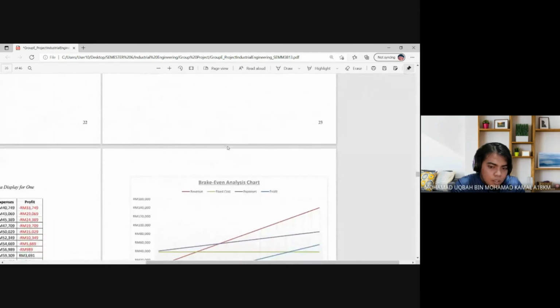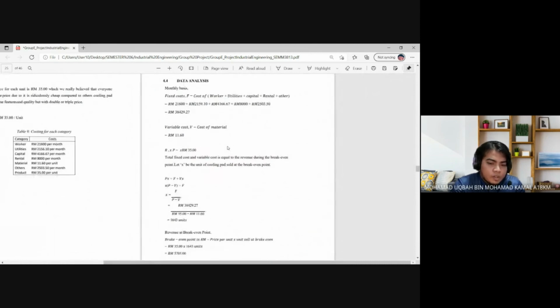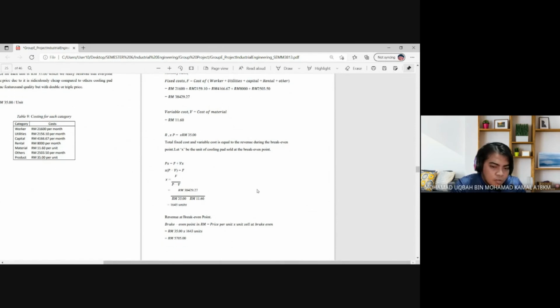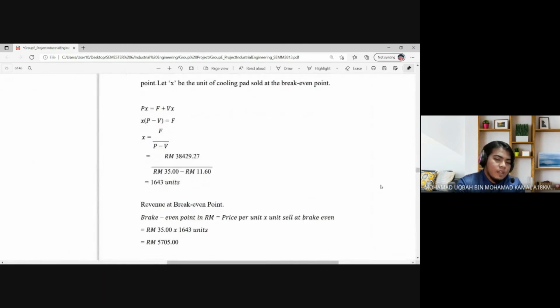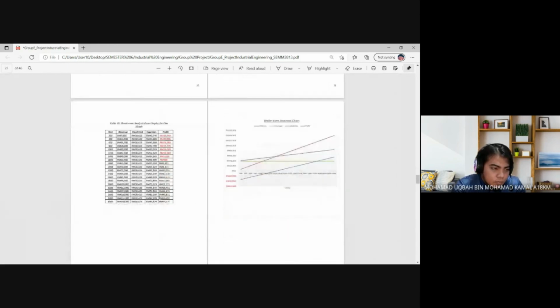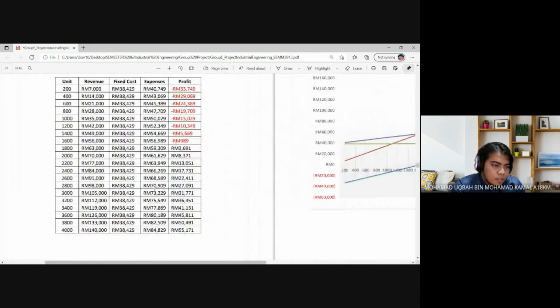Okay, when we apply the break-even analysis, we find that the break-even quantity is 1,643 units, which is equivalent to 5,705 ringgit in sales. This is the table of break-even analysis.